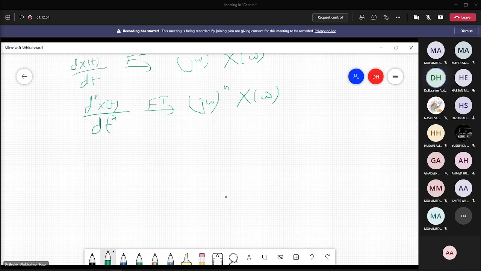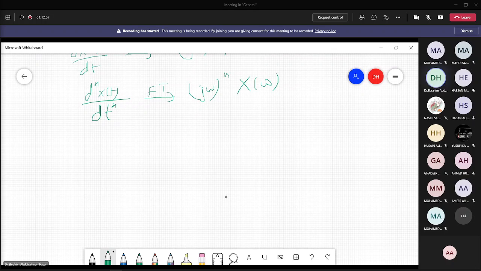Okay, suppose I have h of omega equal to 5j omega divided by 1 plus 3j omega plus j omega squared. Example.